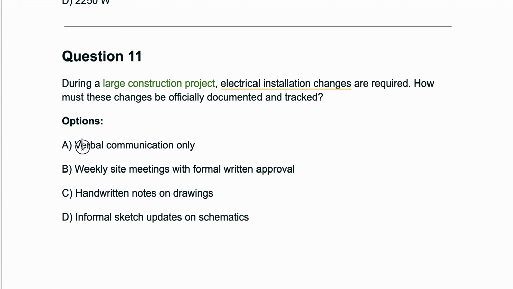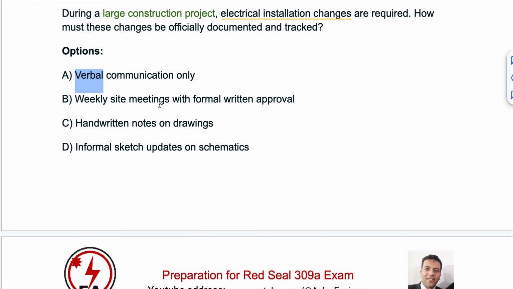Verbal commitment, no, verbal is not working. Weekly site meeting with formal written approval, yes, this one. Handwritten notes on drawing, no, it's working but for small projects. Informal sketch updates, no, not informal. So B is the right answer.